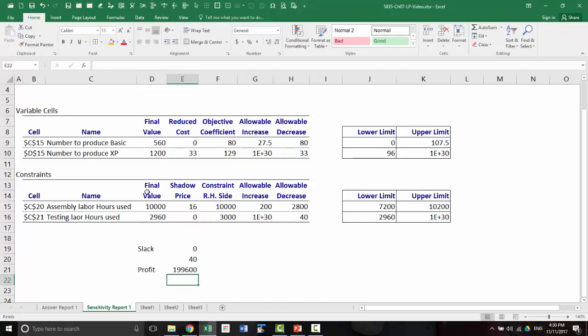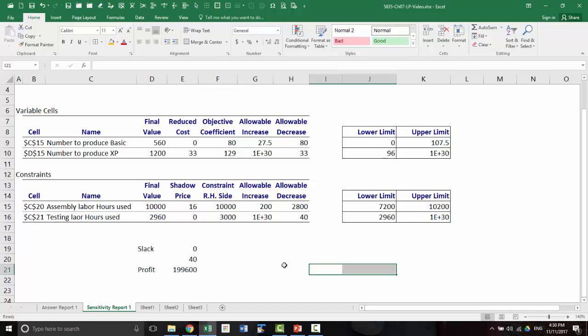So what does this mean then? We understand that this is shadow price. Validity is what is given by this lower and upper limit. So we can say, suppose you add 100 hours of assembly labor. What will happen to your optimum solution?